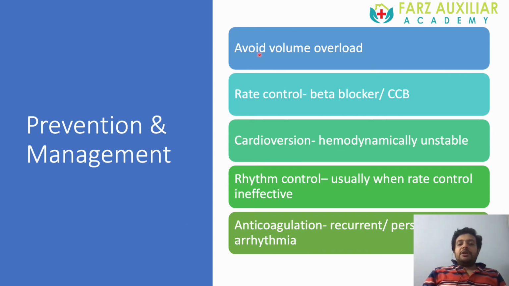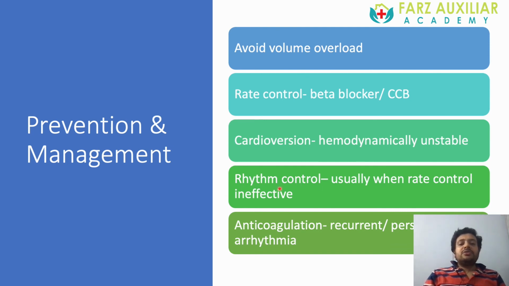So regarding the management and the prevention, volume overload has to be avoided. It is always detrimental, as we all know. It is not only the arrhythmia, it contributes to post-op AKI also. Beta blocker and calcium channel blocker can be used depending upon the type of arrhythmia. When patients are hemodynamically unstable, cardioversion is the treatment of choice.